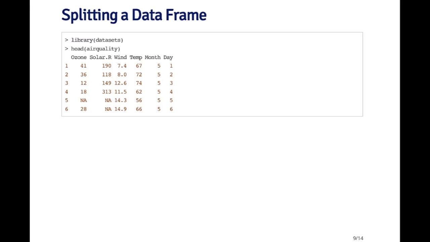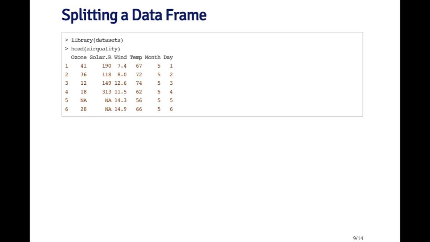And you see there are measurements on ozone, solar radiation, wind, and temperature, and then the month, and then the day within that month. One thing I might want to do is calculate, for example, the mean of ozone, solar radiation, wind, and temperature within each month. In each month, there are 30 some observations, and I want to calculate the mean within each month, right? So how do I do this?